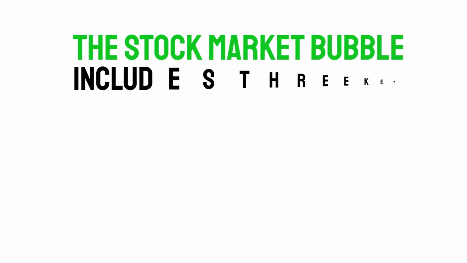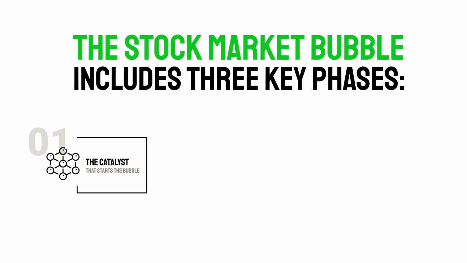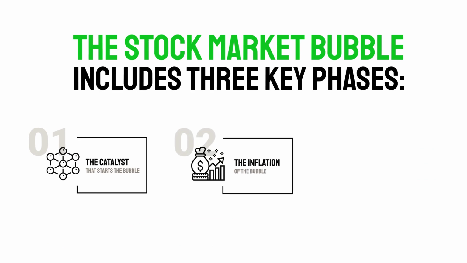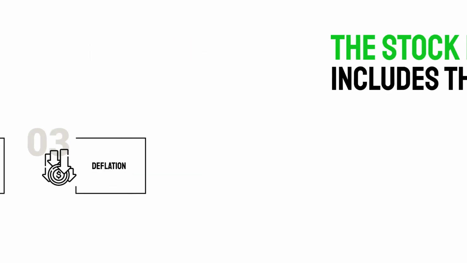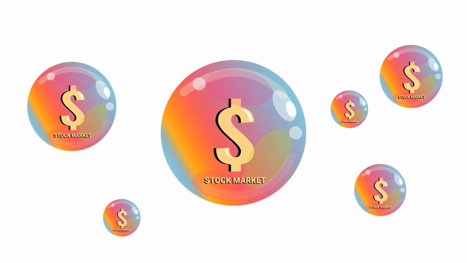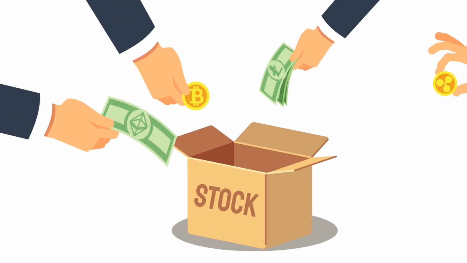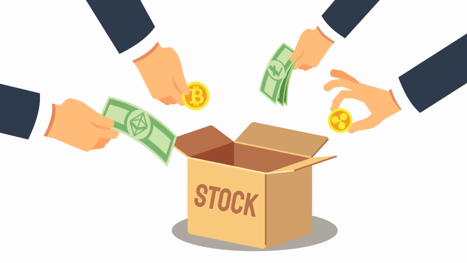The stock market bubble includes three key phases: the catalyst that starts the bubble, the inflation of the bubble, and its deflation. 1. The start of a stock market bubble. A stock market bubble begins to occur when a large number of investors flock to a particular stock without taking into consideration the stock's intrinsic value.